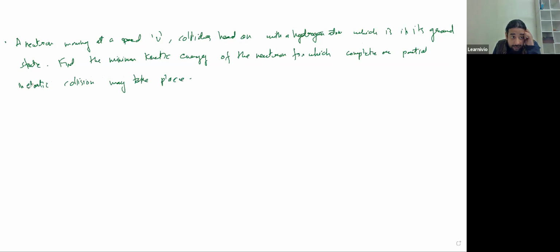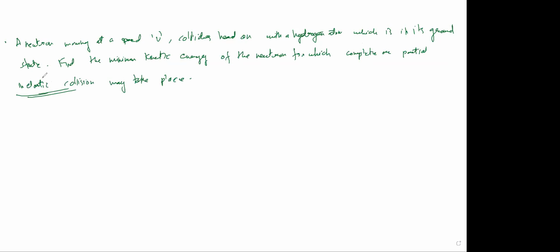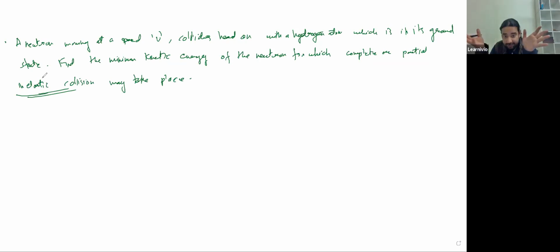So remember what elastic and inelastic collisions mean? We talk about elastic when there is no energy loss, and inelastic collisions are when there are energy losses. So where will the energy be lost in such a situation when you have a neutron that essentially comes in and there's an electron that goes around and it just collides head on with this atom? Where will the energy go? If the energy is supposed to dissipate, where will it go?